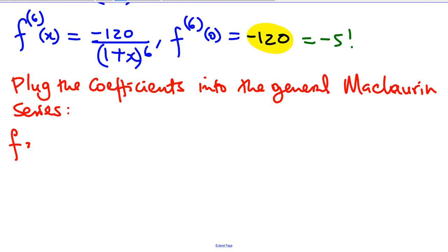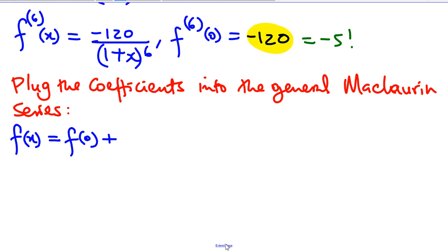So we know that the general formula for the Maclaurin series is f(x) is equal to f(0), the value of the function at 0, which you know is 0.